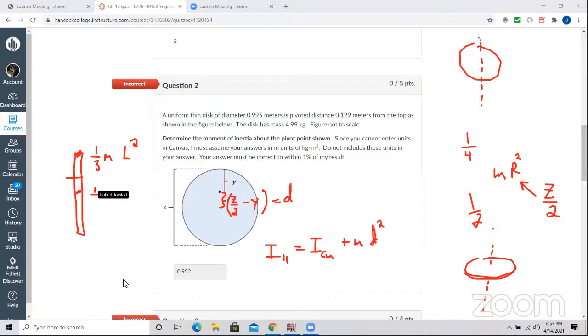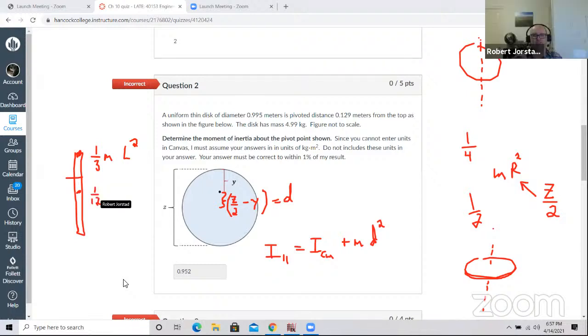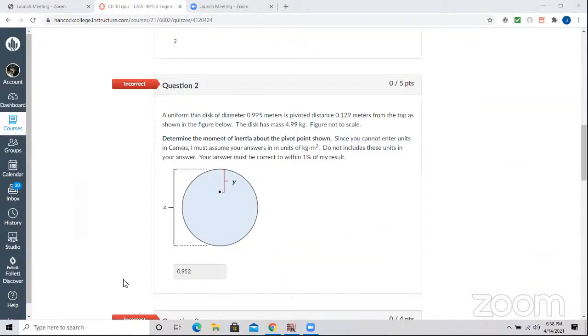When you have the rod problem, you have to use 1/12 ml squared. Okay, so it's a little bit different with the rod than the disc, but there's a different error people make in that one. I don't think I'm gonna make the error again because I didn't know how to shift it, but now I know. You're gonna use a center of mass equation and then you're gonna add the difference.